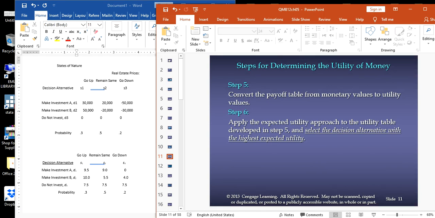Actually that was the step 5. We convert all the payoffs to utility values and then apply the expected utility approach. So we apply the expected utility approach and then we rank them. The highest expected value of utility is the best alternative to choose.